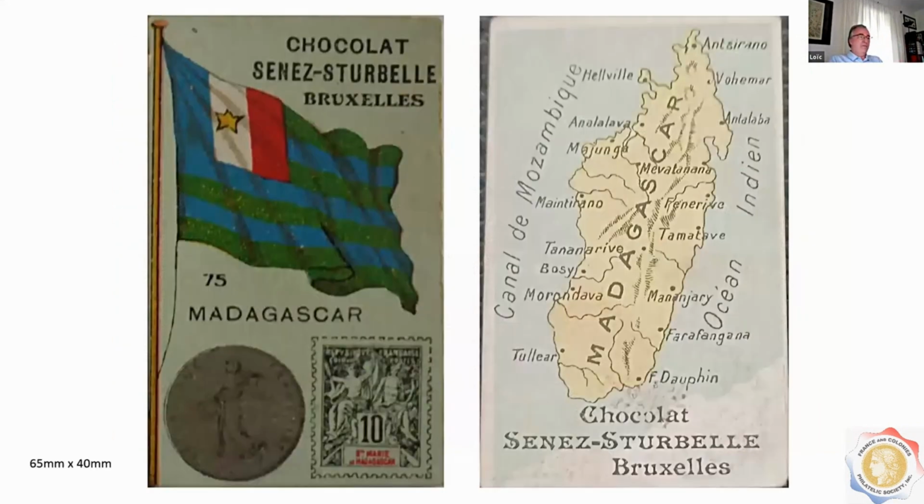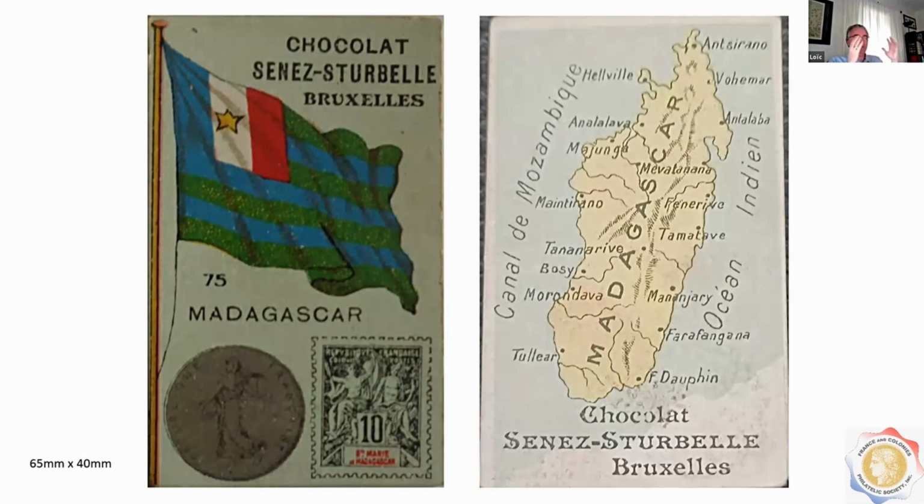Moving on, I know Easter was not that long ago, so we're going to talk a lot about chocolate for those. We also had multiple series of those chromos, those kind of collectible trading cards or advertising cards. This one from the Senez Stuurbel house in Brussels, a chocolate maker in Belgium, has all of the series.